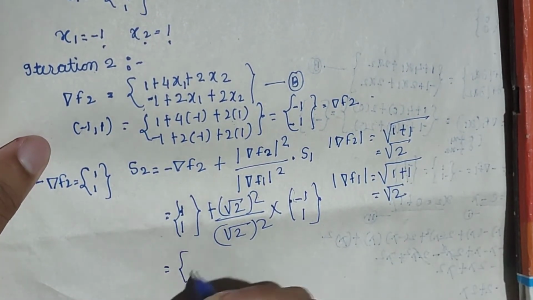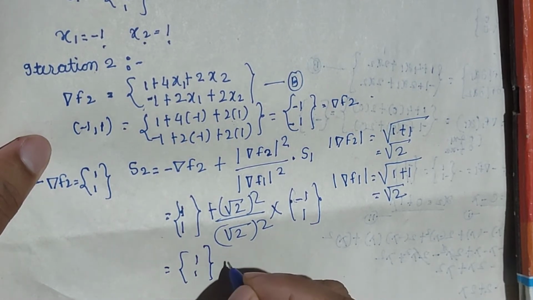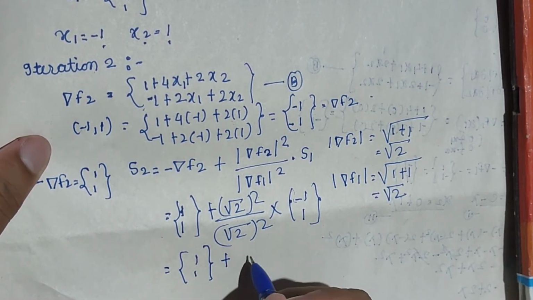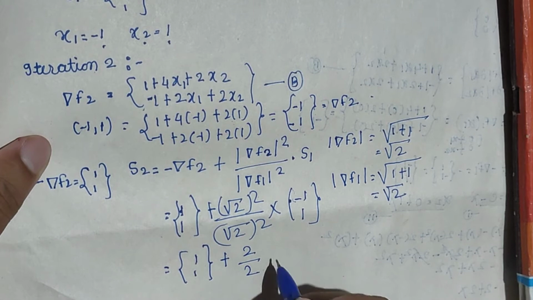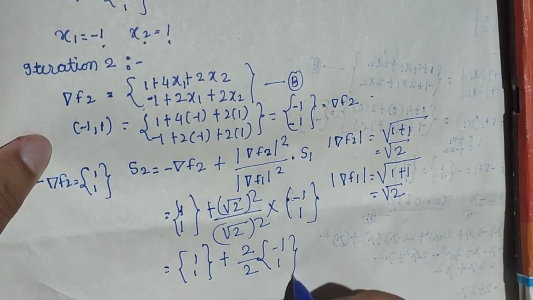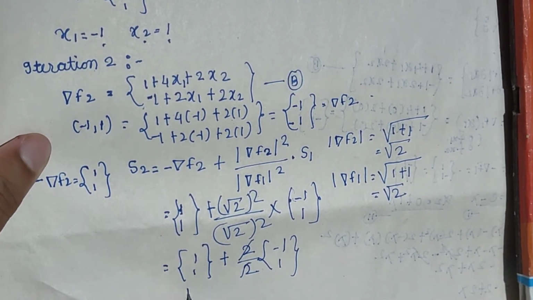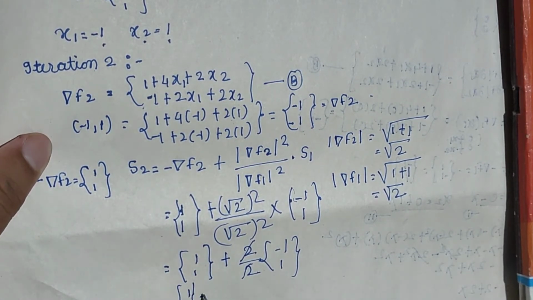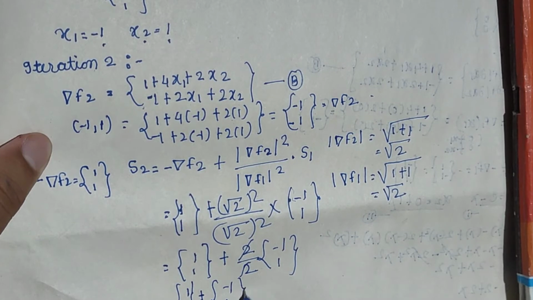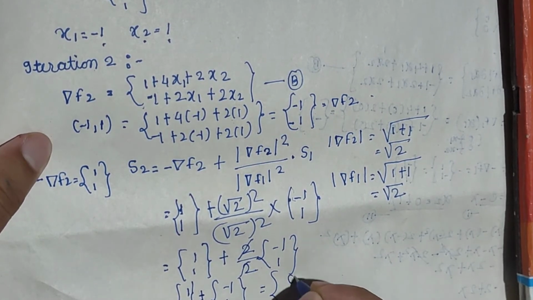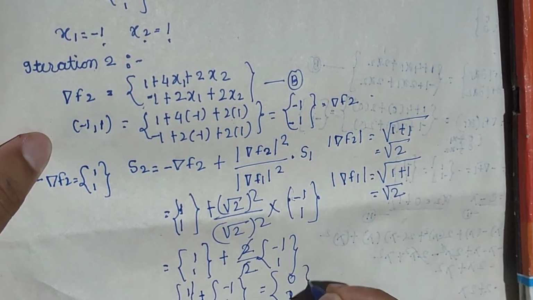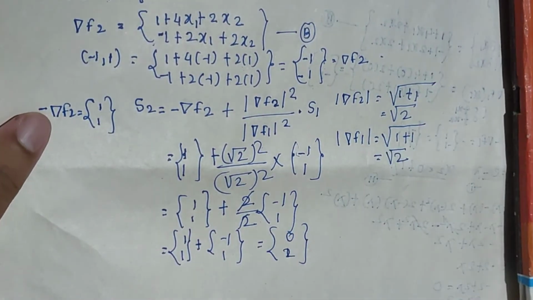So now 1 and 1, plus 2 and 2 into minus 1 and 1. So it is going to cancel, 1 plus 1, plus minus 1 and 1. So this is 0 and 2. This is 0 and 2. We got this.